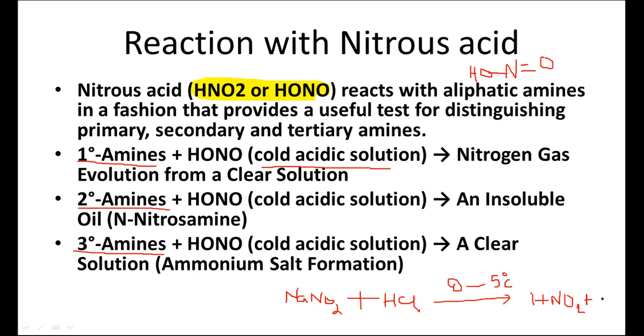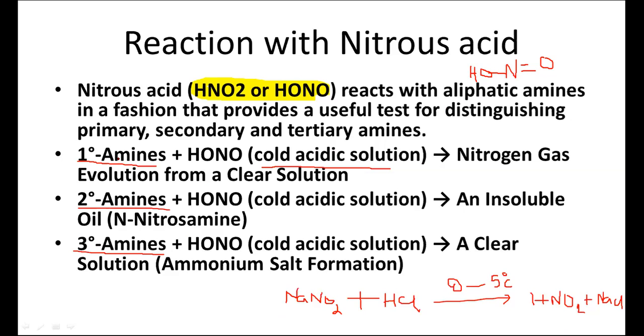In this way, whenever nitrous acid is needed, at 0 to 5 degrees centigrade we add HCl to the NaNO2. That's why we call it a cold and acidic condition. Cold means 0 to 5 degrees, acidic condition means HCl.